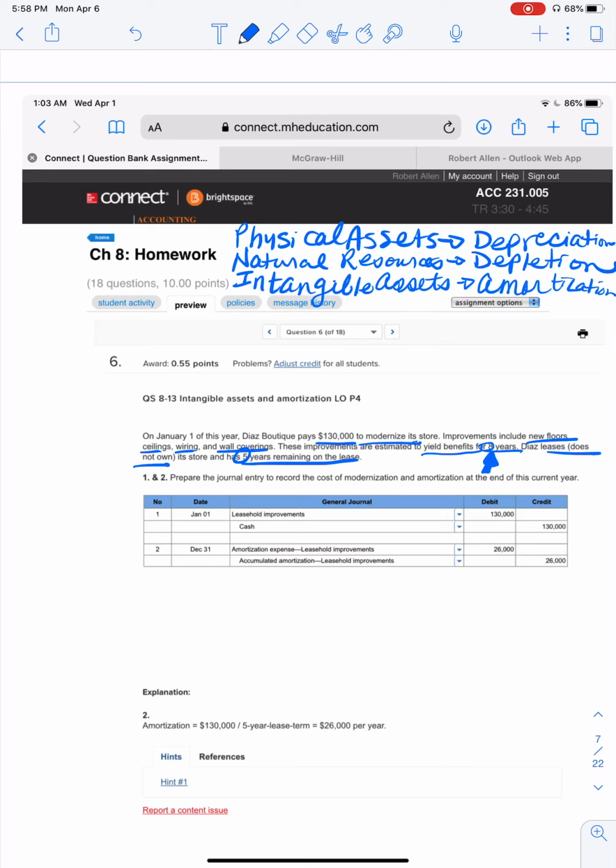So in this case, we're going to calculate amortization, and they tell us at the end of the current year. Now, if they don't tell us which method to use, we assume straight line. So straight line be cost minus salvage value divided by life.